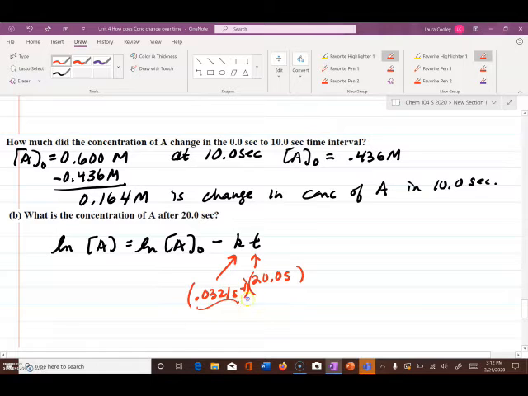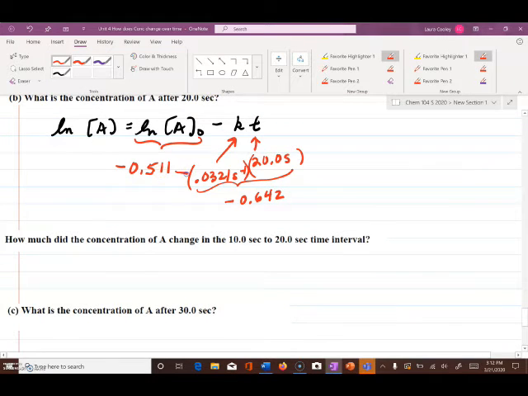Okay, so we're going to multiply this together, and we get negative 0.642. Meanwhile, we have the same value as we had before for the log of A0, minus 0.511.